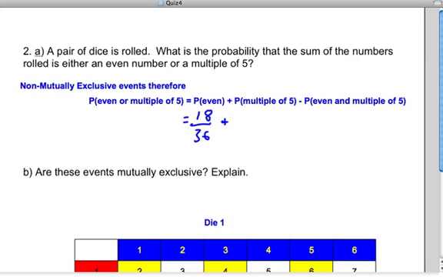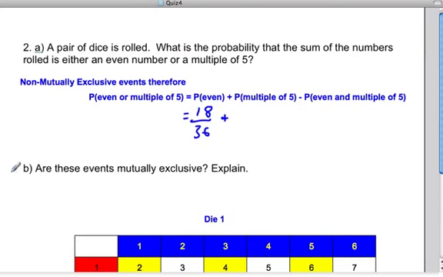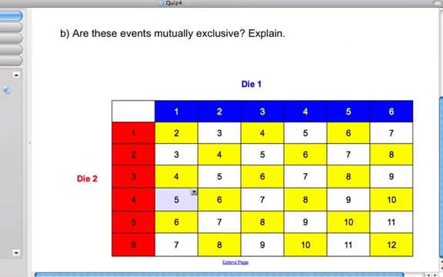Now for multiple of 5, so we'll go back down here. There is a multiple of 5. So 2, 3, and 4. So we can roll 5 4 different ways.